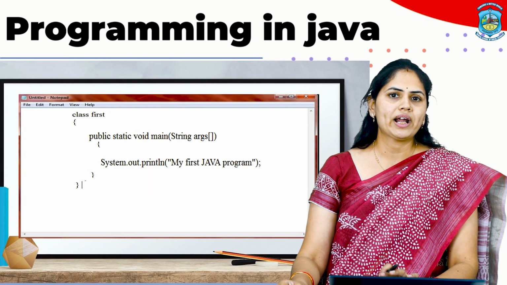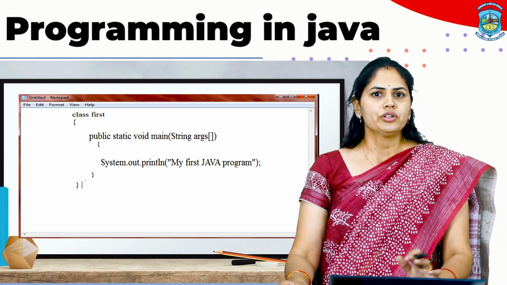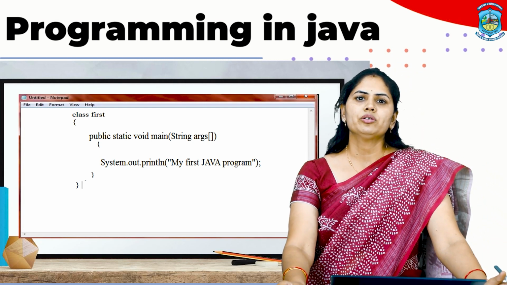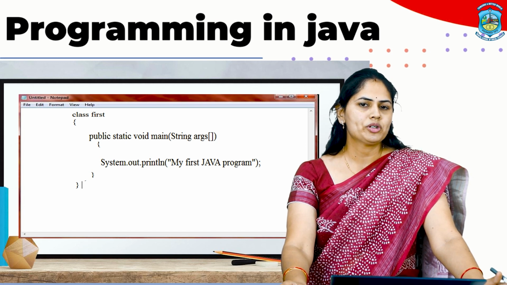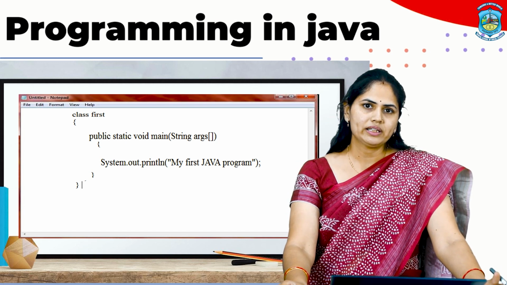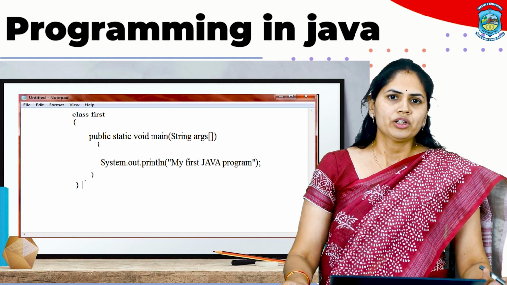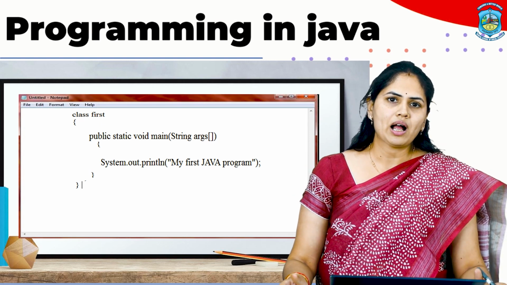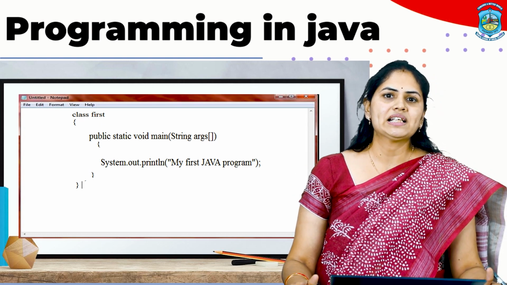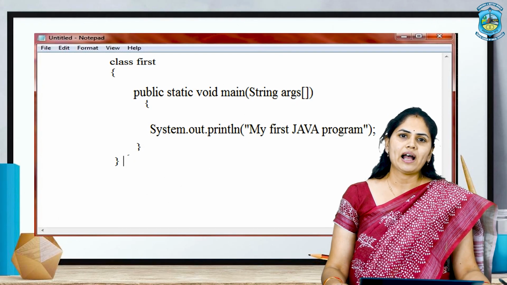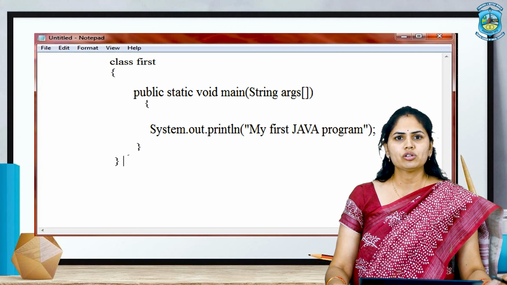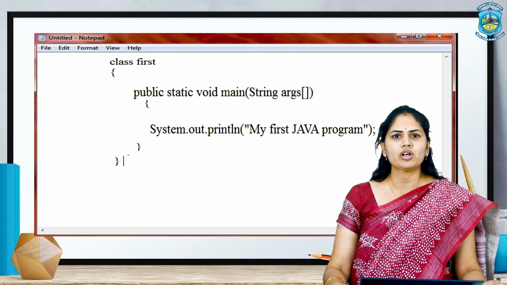Now, where to write this Java program? To write the Java program, you require Notepad. On Notepad, you can type your program. One thing that you should remember is, you will save this program with the name same as the class name. For example, this program has the class name first, so you will save it as first.java.